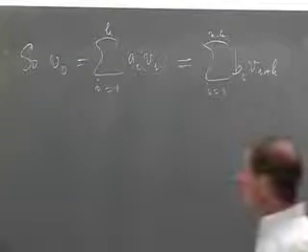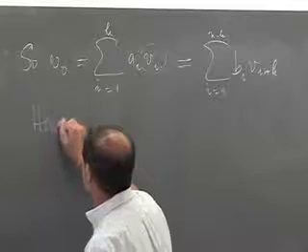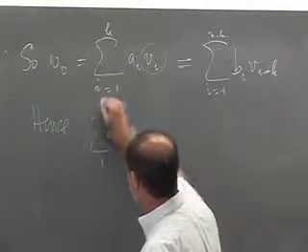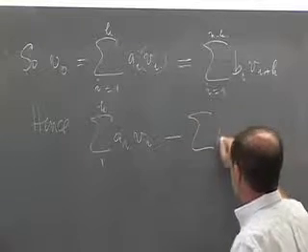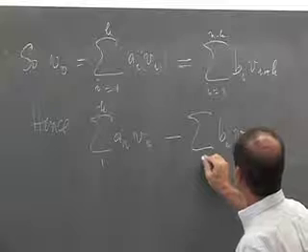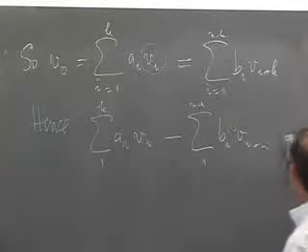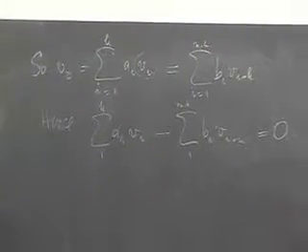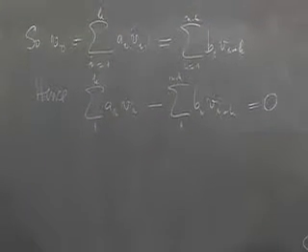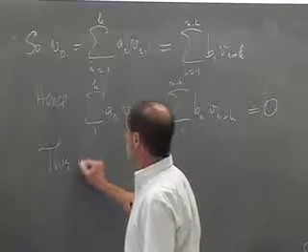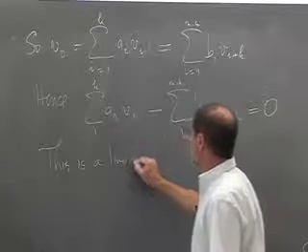That gives us a linear relation: the summation of a_i v_i from 1 to k minus the summation of b_i v_{i+k} from 1 to n minus k is equal to 0. That's a linear relation on the v_i's. This thing was extended to be a basis, so they were linearly independent.